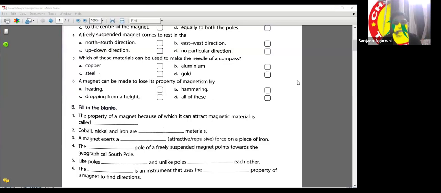The property of a magnet because of which it can attract magnetic material is called magnetism. Good, Harshit. Others, good, all correct.